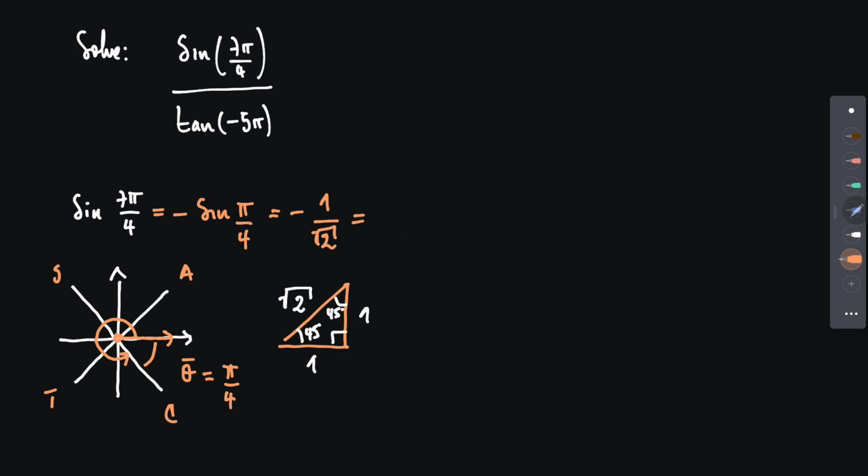Remember, the only thing that you do to rationalize this is take the bottom root, write it on the numerator, and leave whatever is inside the root on the denominator, that is 2. So for now, we know that the dividend, the numerator, is equal to negative square root of 2 over 2.